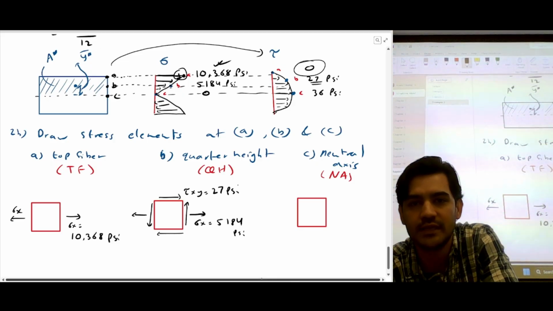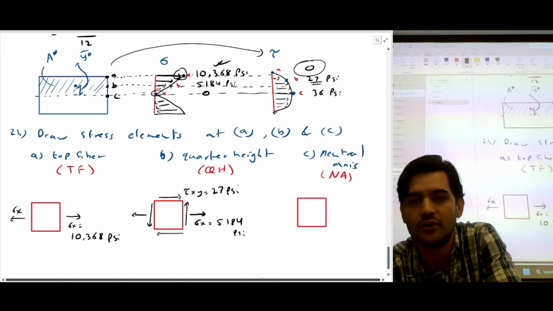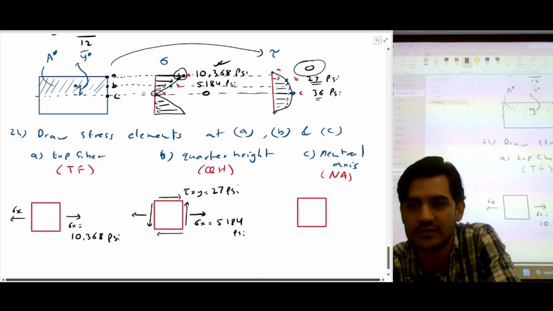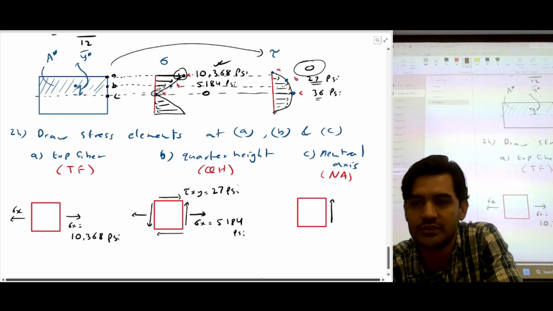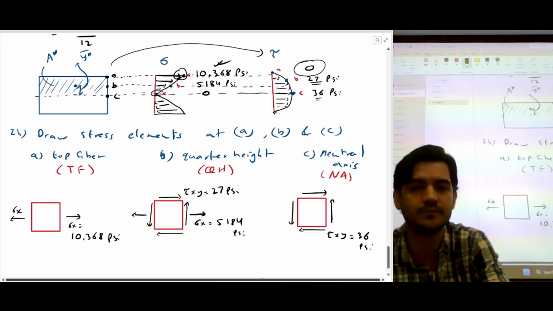And at point C, your normal stress is zero, but shear stress is 36. So there is no normal stress, and your shear stress tau xy is 36 psi.